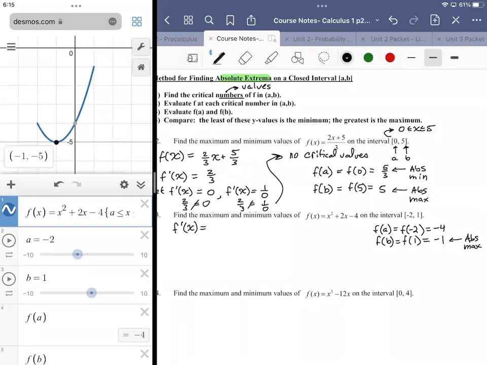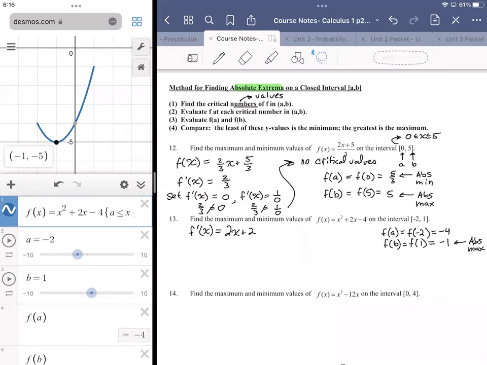So f prime of x would be 2x plus 2. We're going to set f prime of x equal to 0, and we're going to set it equal to 1 over 0. So 2x plus 2 equals 0. 2x plus 2 could actually never be equal to 1 over 0.